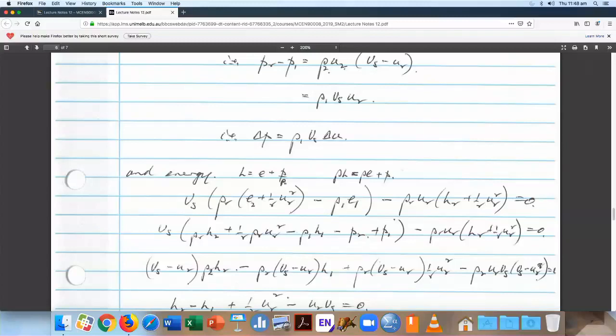But I've worked out what P2 minus P1 is up here, so I can put that in, and it's rho 2 u2 (u_s minus u2), and there'll be a half u squared.